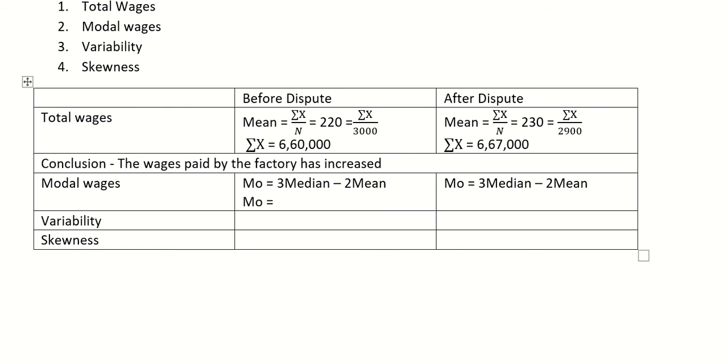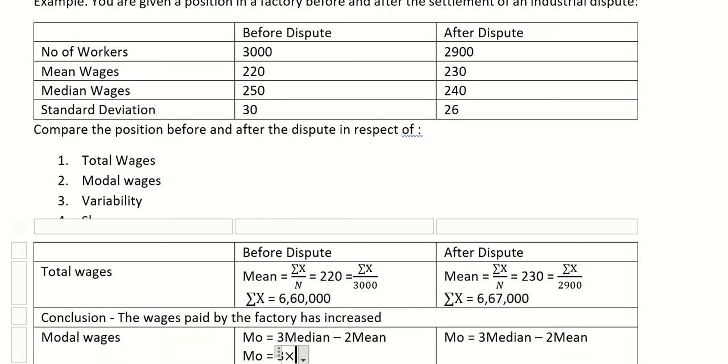Mo equals 3 into median. So let's see what is the value of median. Earlier median was 250.